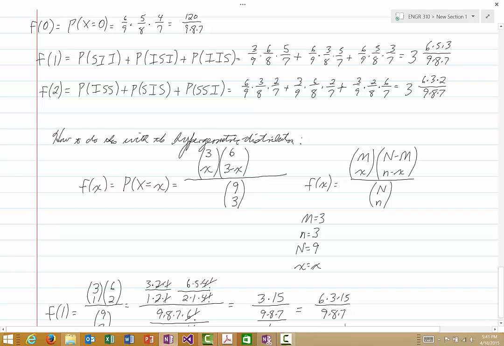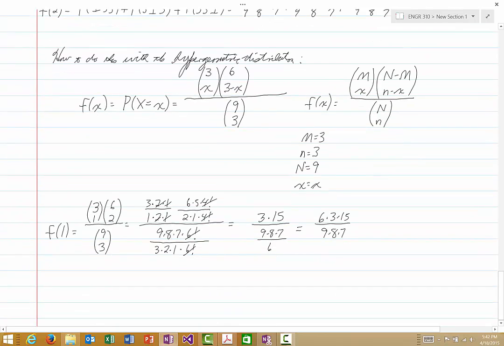Notice that for f of 1 up above, when we were calculating it using our previously learned techniques, we have a 9 times 8 times 7 on the bottom. That matches exactly what we have here. And we have a 3 right here to match this 3. We have a 6 to match this 6. And then up here we have 5 times 3, and down here we have 15.